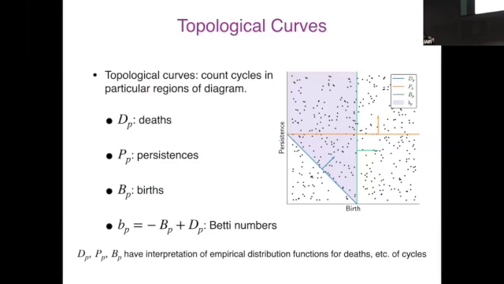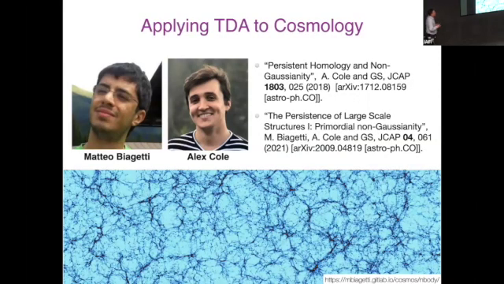Okay, so after this short introduction to persistent homology, we are now ready to apply these results to cosmology. So in an earlier work with my former student Alex Koh, we initiated the use of persistent homology in studying the CMB. And subsequently, together also with Matteo Biagietti, we extended this work to the large-scale structure of the universe.